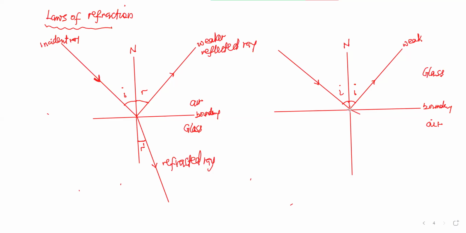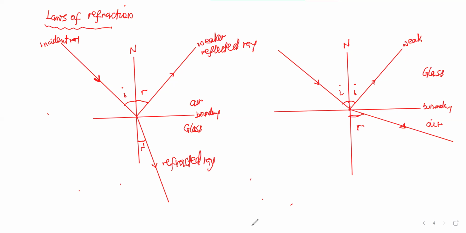So this time, the refracted ray will bend away from the normal. So this whole angle here is the angle of refraction.